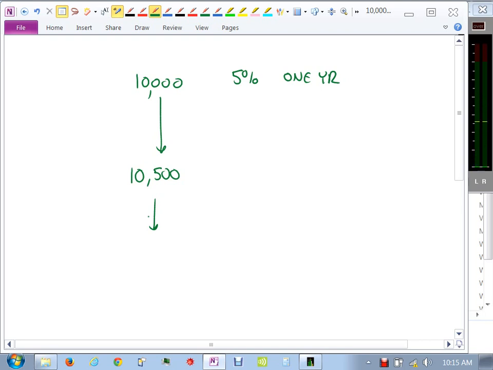You see? So now you need to do 5% times 10,500. So you're going to get $525. So $11,025. Does that make sense or not? And now if I go another year, they're going to give me 5% of that. So it starts to grow, right? That's the idea of compounding once a year.